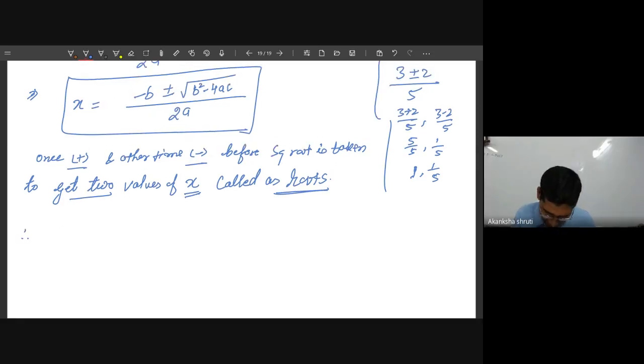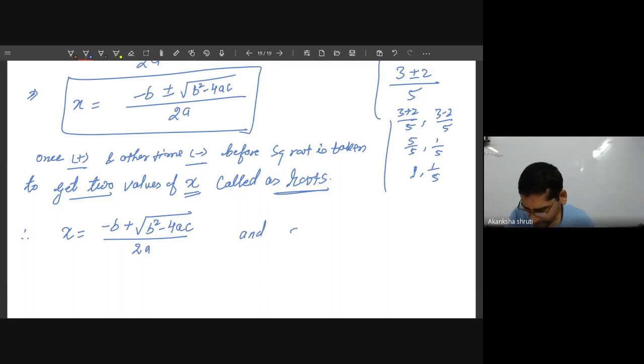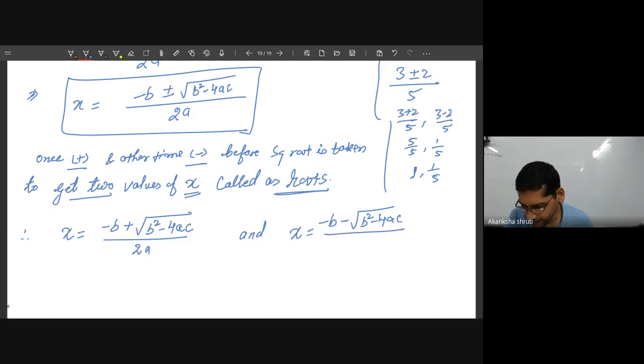So x could be minus b plus under root of b square minus 4ac by 2a, and x could also be minus b, taking the minus sign before the square root, by 2a.